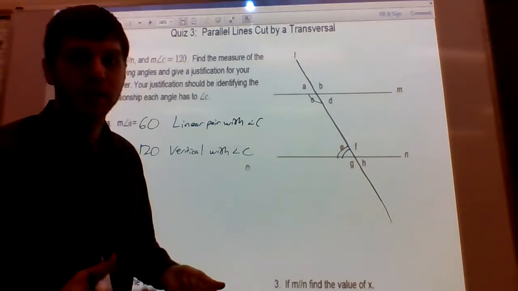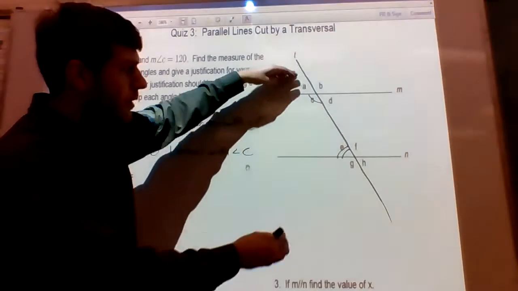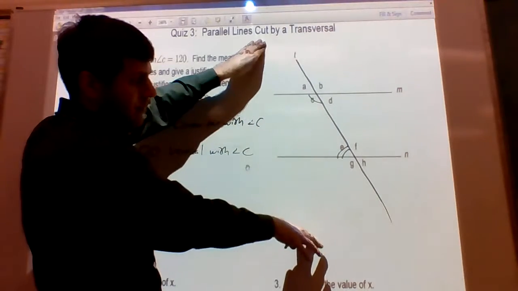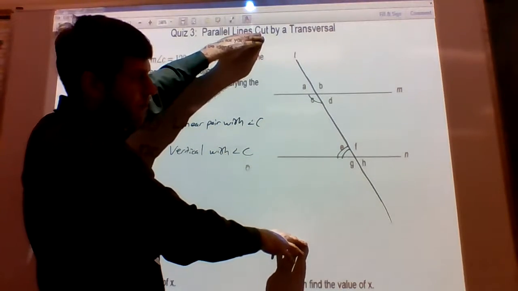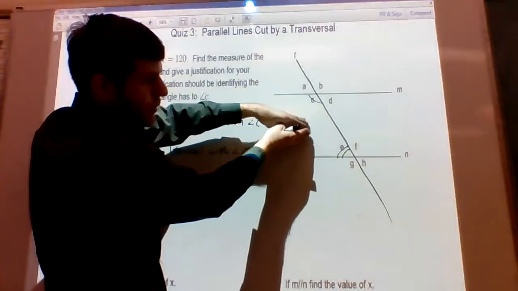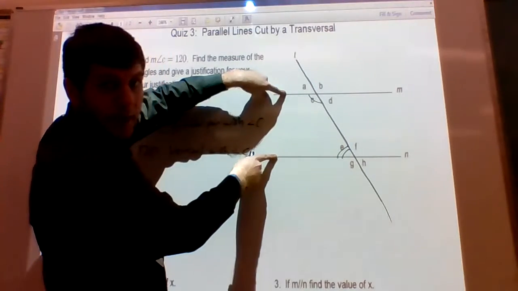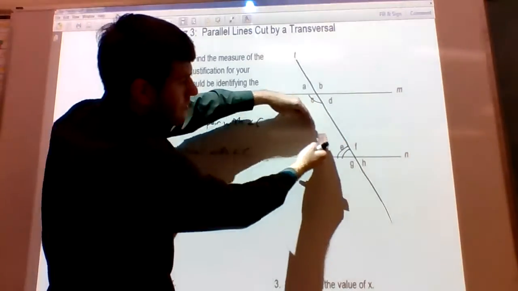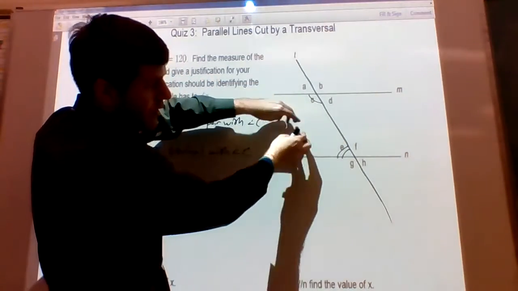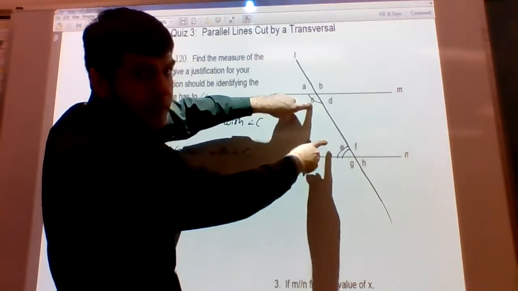And the second question we have to ask: are they between the parallel lines or on the outside of the parallel lines? So they're in between the parallel lines. Here's our parallel lines, M and N. They're in between the parallel lines. So we have same side of the transversal, in between the parallel lines, so they are same side interior.